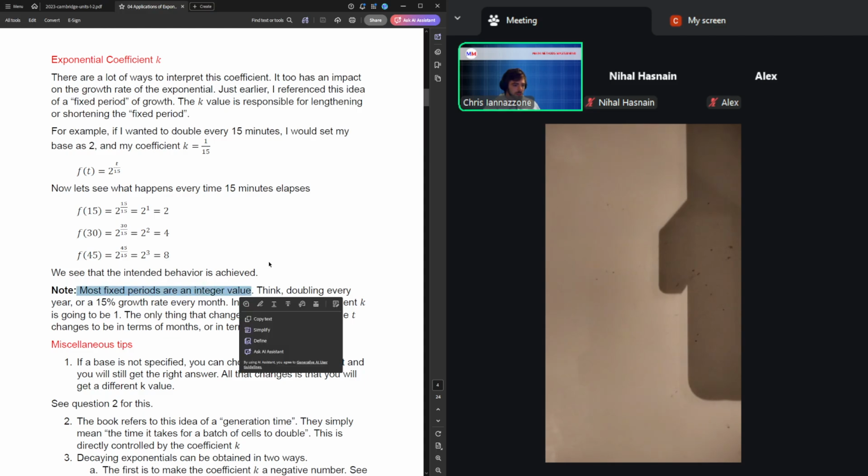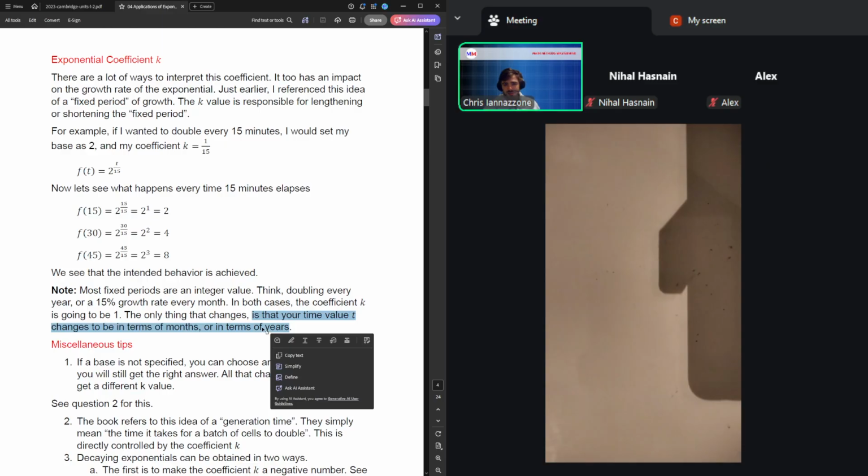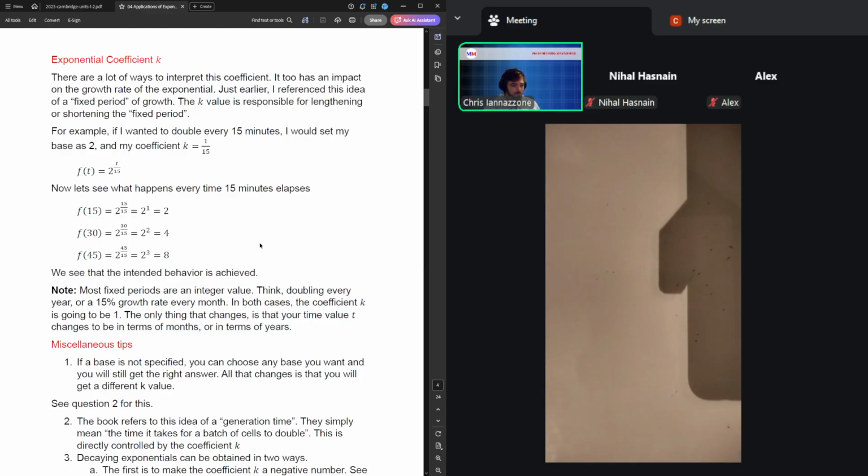The reason why this doesn't usually end up playing out is because most of your fixed periods are an integer value, doubling every 1 year, 15% growth rate every 1 month. In both cases, your k is nominally going to be 1, unless they do other things in the question to circumvent that. What's changing there is more so what the time frame is, whether it's in terms of months, years, or whatever.